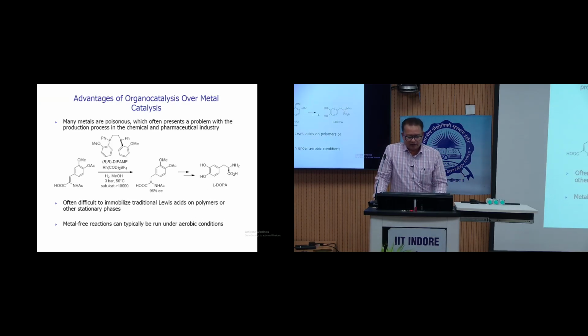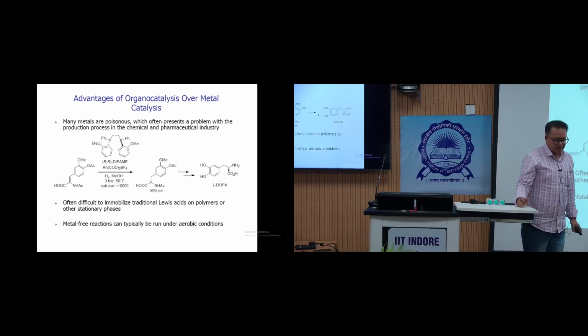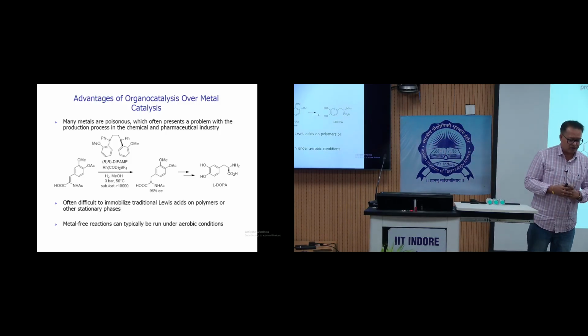So what are the advantages of organocatalysis over metal catalysts? Many metals are poisonous, as we all know, which often presents a problem with production processes in the chemical and pharma industry. Yesterday we discussed the making of molecules and the cost related to them.